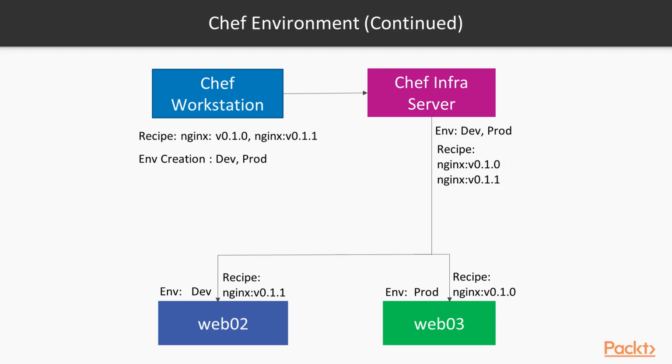So when I update Web 02 as environment dev, it picks up the recipe which is supposed to run on environment dev, and the version is 1.1. Same way, the recipe 1.0 would get executed on Web 03 because the environment is specified as prod.